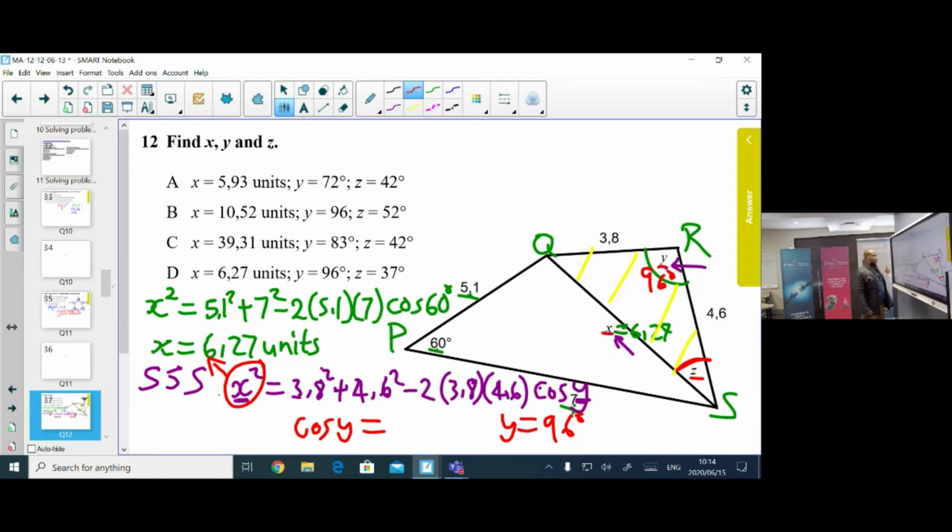You can also use the sine rule. You have a lot of options to use here. So you could opt to use the sine rule, which is by comparison a bit quicker than the cosine rule.